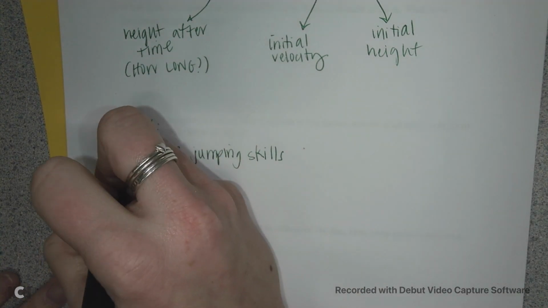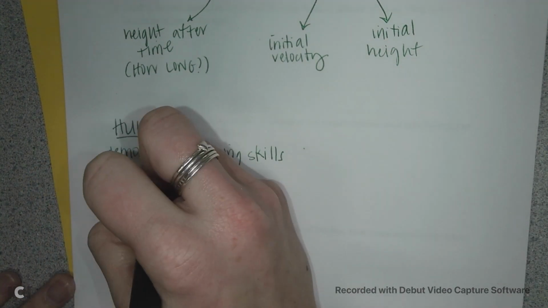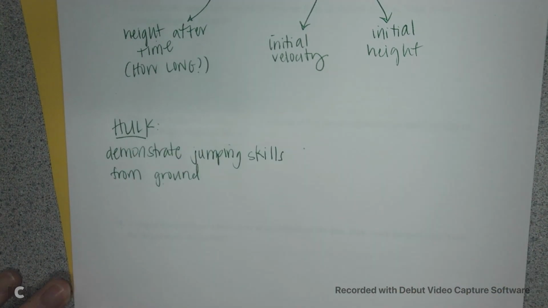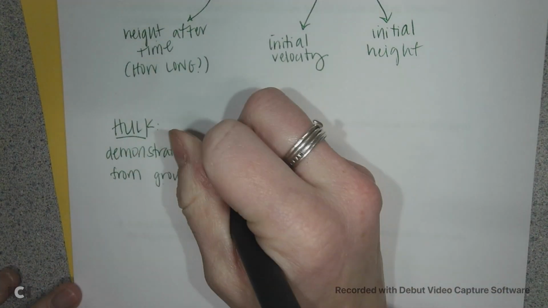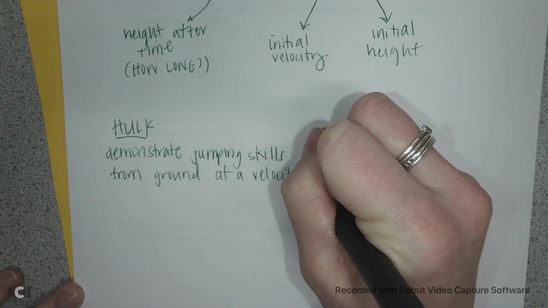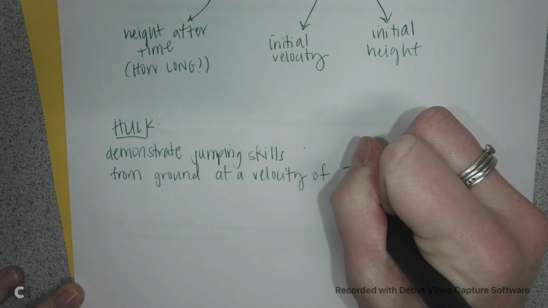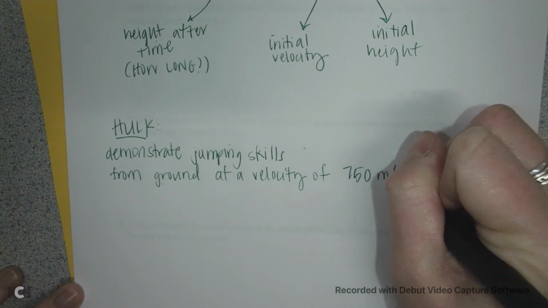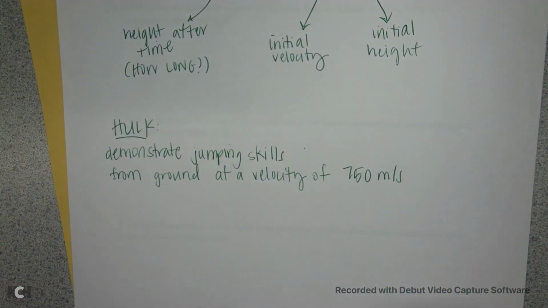He jumped from the ground at a velocity of 750 meters per second. So that's what the Hulk did.